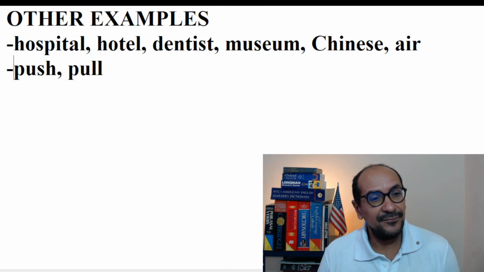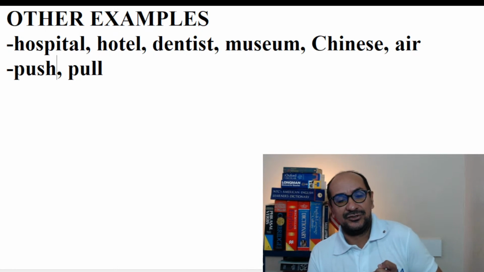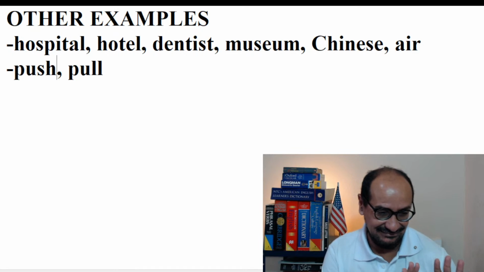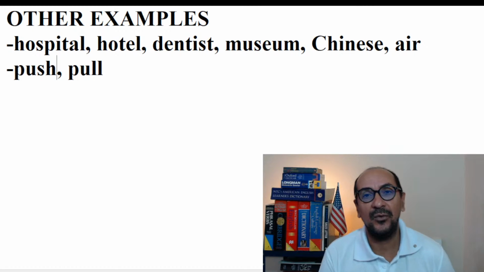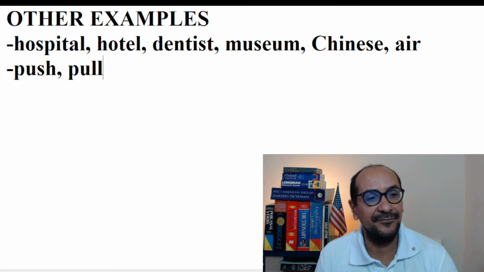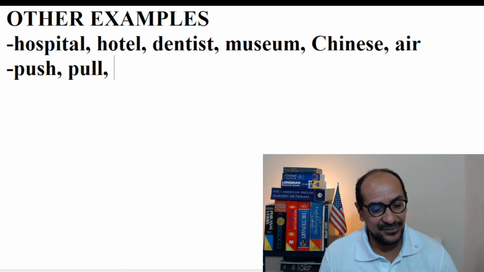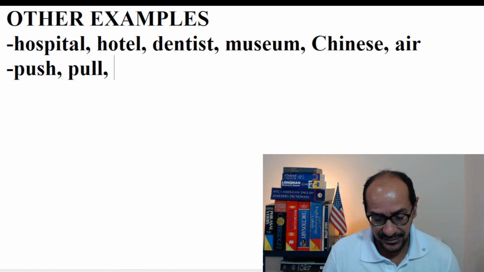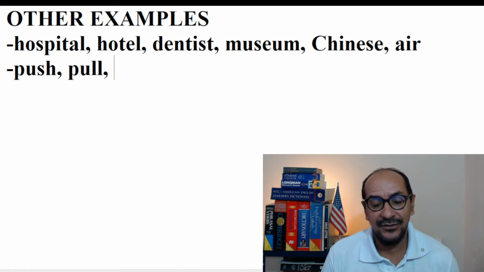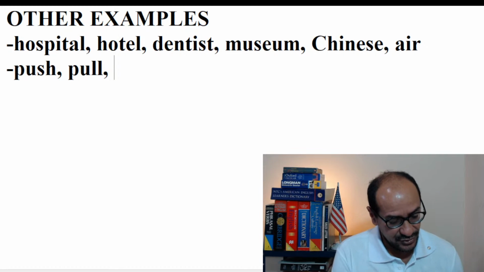Now, we have the words like push. Push is not push. It's exactly the opposite. It's pull. Because when you do it, you pull. Remember that this is something that we see in some doors. Glass doors probably. But there you have push, pull. And then remember that they are different from the meaning we have in Portuguese, for example.